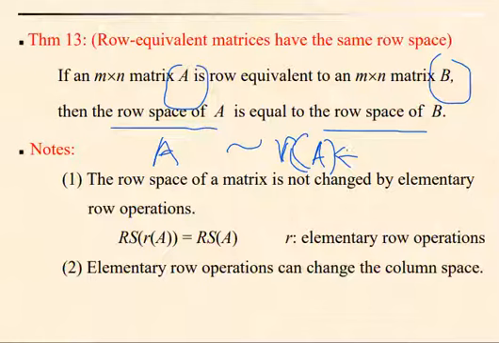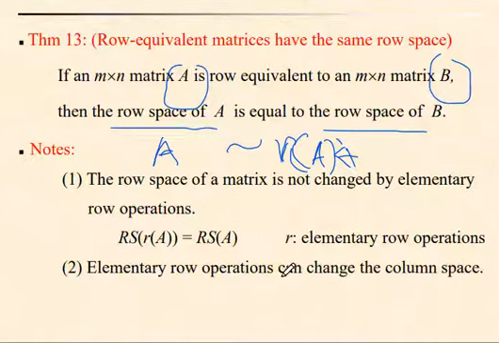You know how to do that. So the row space of A is the same as the row space of the reduced one; both are the same space.